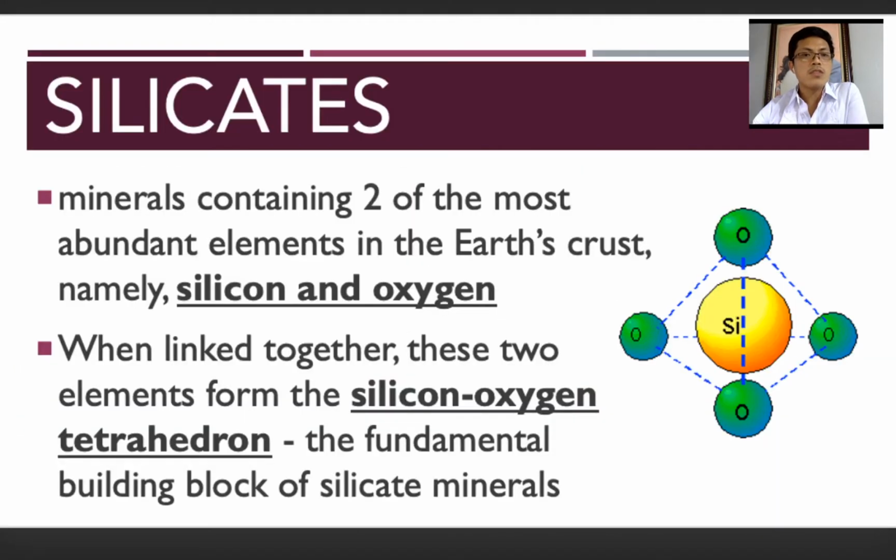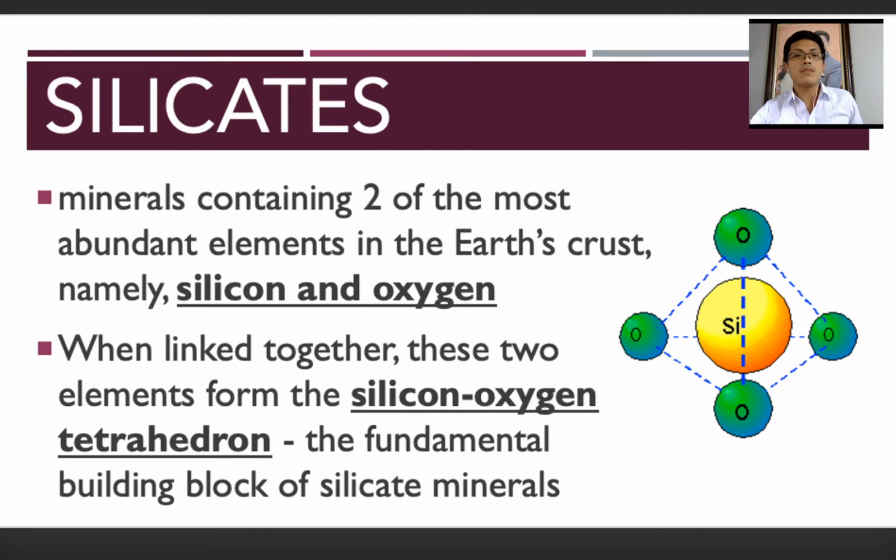Silicates are minerals containing two of the most abundant elements in the Earth's crust, namely silicon and oxygen, and they form a fundamental shape we call the silicon-oxygen tetrahedron.